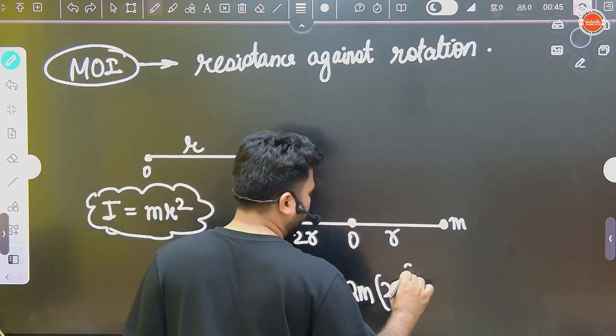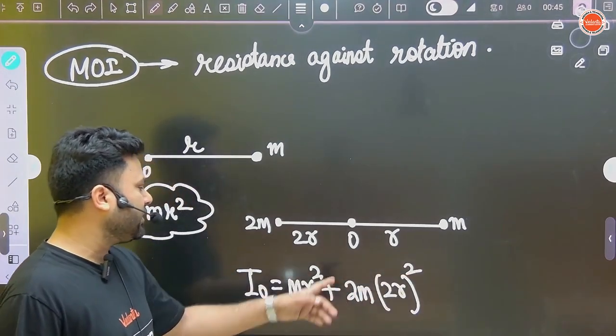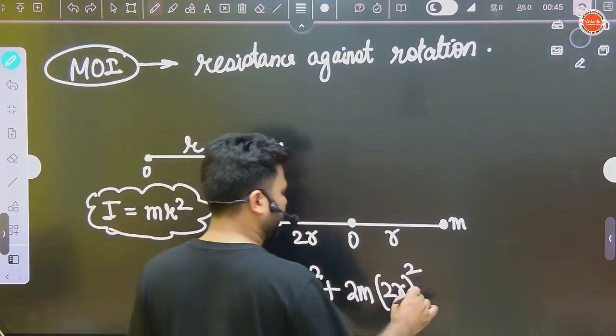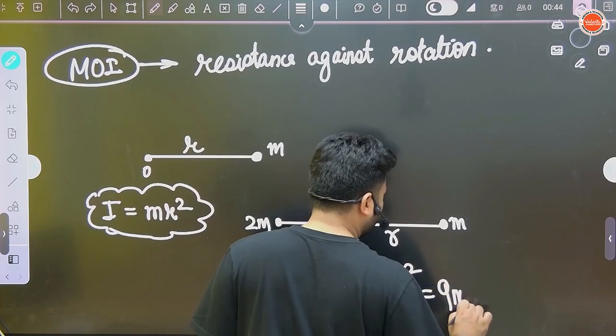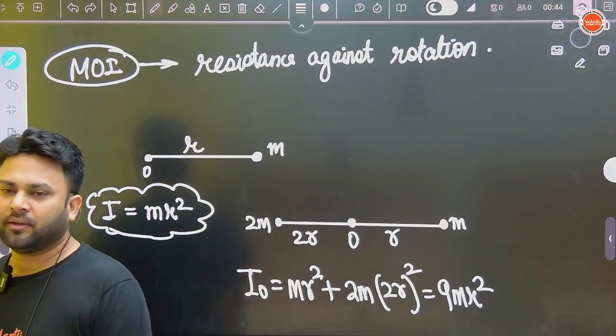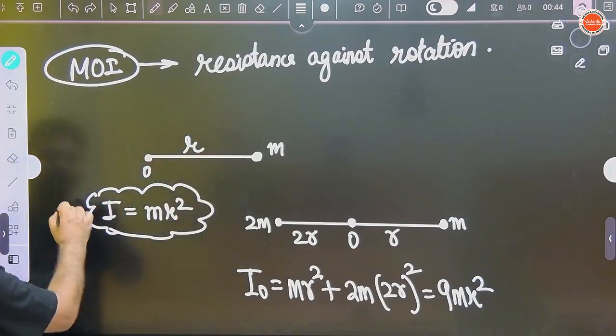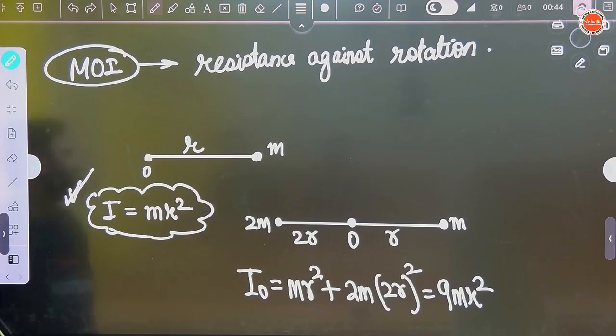So 2 square is 4, 4 times 2 is 8. 8mr square plus mr square, that is 9mr square. So for a point object, the formula for moment of inertia is mr square. This you need to remember.